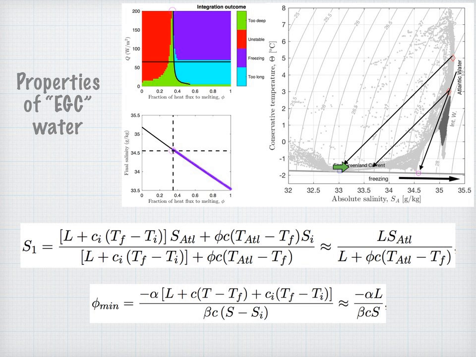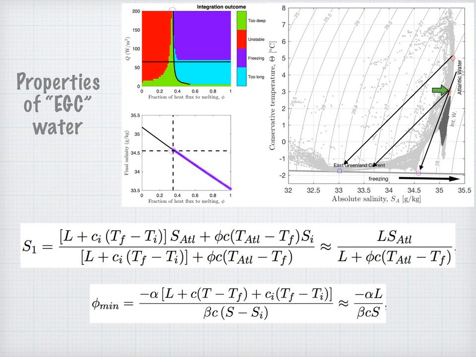Now here's the part which is kind of interesting in retrospect. The limiting value of phi, in other words, you want to melt the minimum amount of ice, so it's phi min, and therefore have the saltiest product water at the freezing point, is along this black line, which is tangent to these isopycnals. There isn't an isopycnal going through that point, but you can see the neighboring isopycnal.